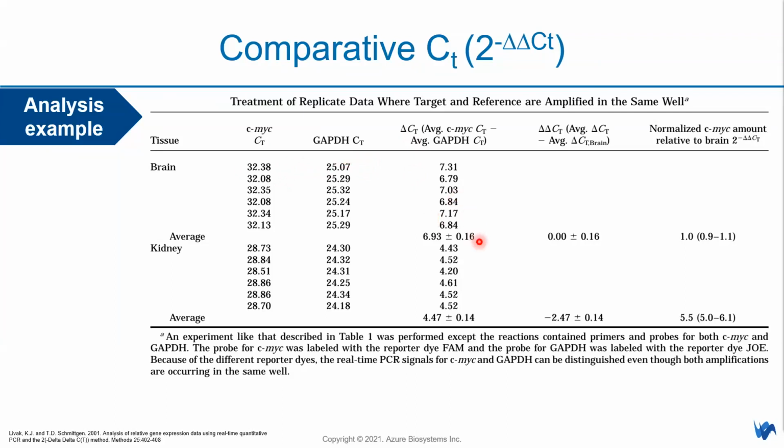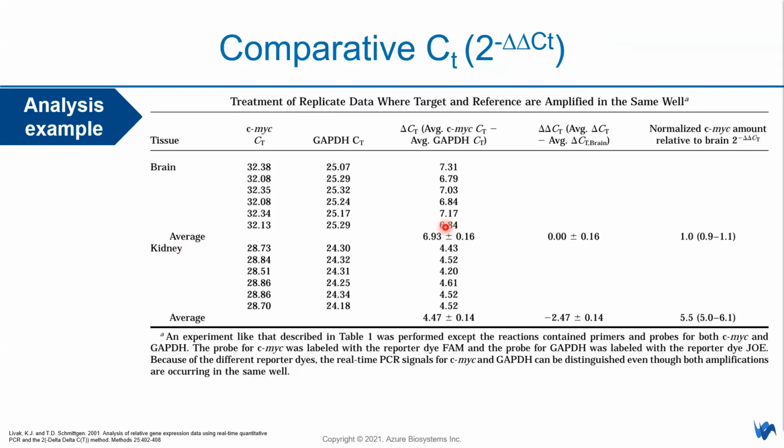Then you get 6.93 plus or minus 0.16. The same goes for your kidney. Kidney in this case will be your control. Oh, sorry, brain will be your control. Kidney will be your treated or tested sample. Now you get your delta CT, which is the difference of your target gene minus the reference gene.